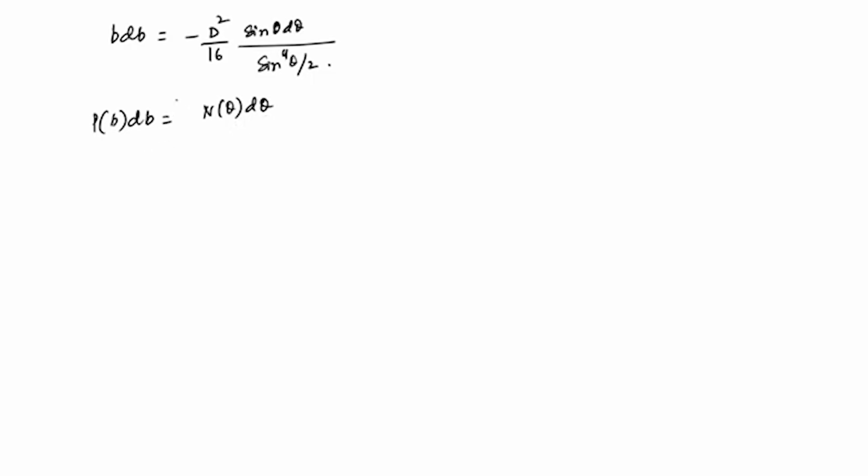They are proportional, but I am writing it as equality, and this is proportional to sine theta d theta divided by sine to the power 4 theta by 2. Without worrying about the prefactors, the scattering cross section can be obtained as d sigma d omega, scattering cross section.